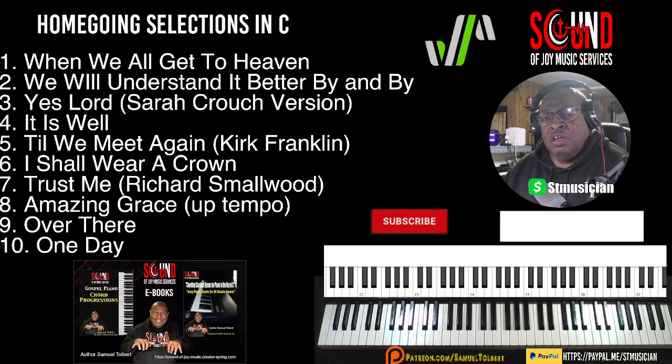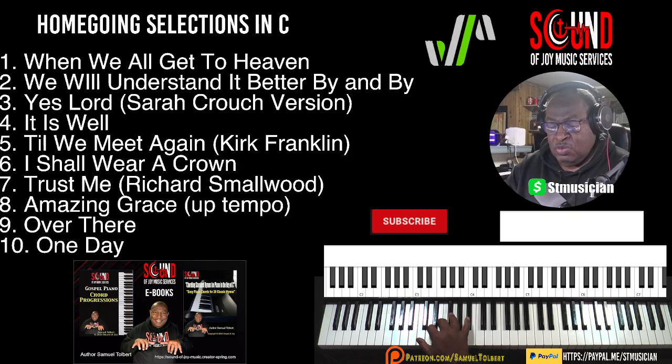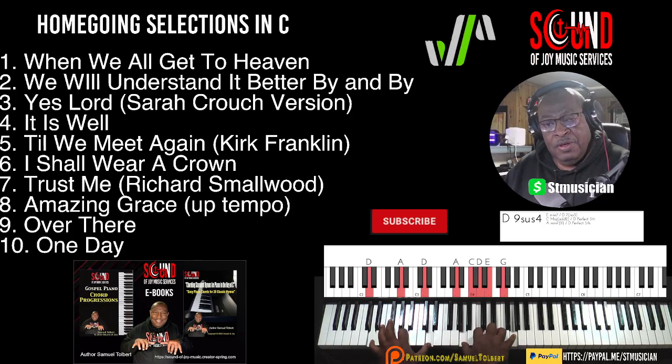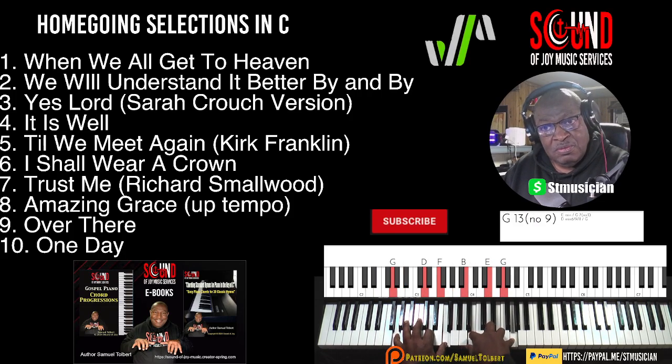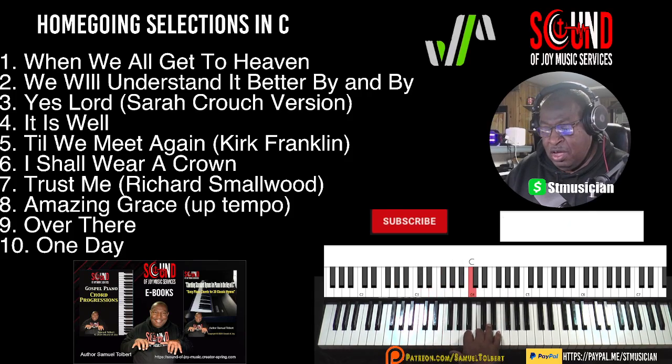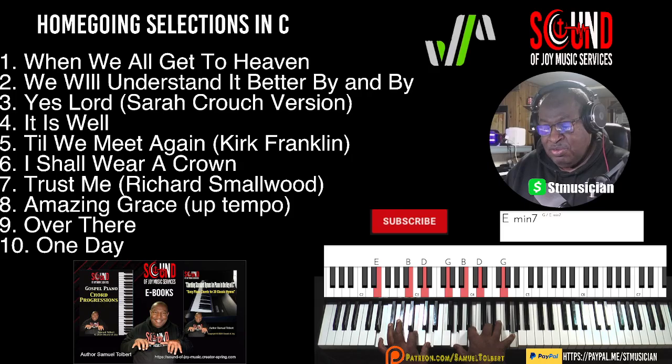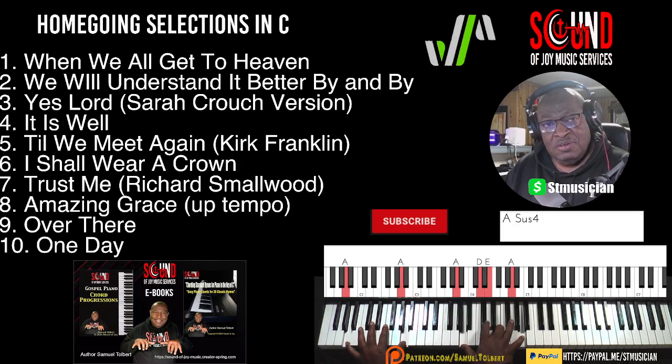So I threw in there Thomas Whitfield's I Shall Wear a Crown, normally done in the key of E flat, but scales 1, 2, 3, 4, 5, 6, 7, 8, 5. I shall wear a crown and resolve. Start on the 5, which is the G. I shall wear a crown, the 3, 6 with a major.